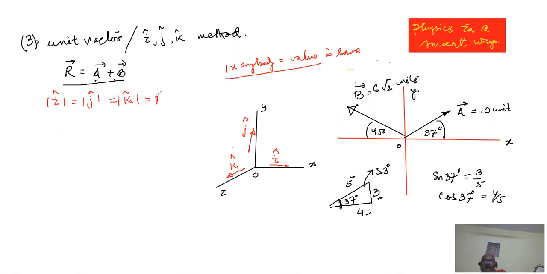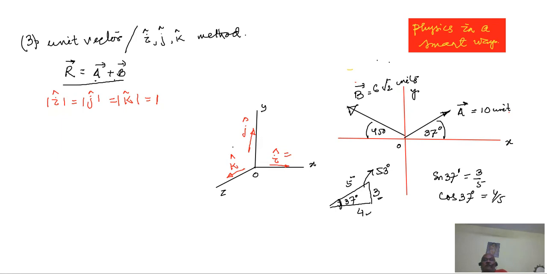If I would have taken the value 2, then you multiply 2 with anybody, as you know, clearly, the value will be increasing or becoming double. That you do not want, because that can create further complication. Okay. So as I told you, a vector of magnitude 1 and directed along positive x-axis, we mark it as I cap.